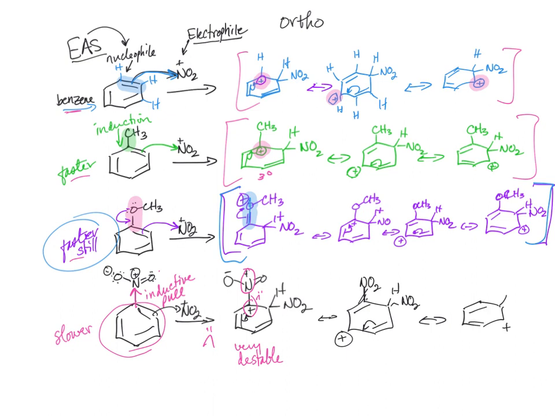Totally fine. HNO2. So this set of resonance forms contains a particularly destabilizing resonance form. And so that means that the pathway to add this electrophile is higher in energy.